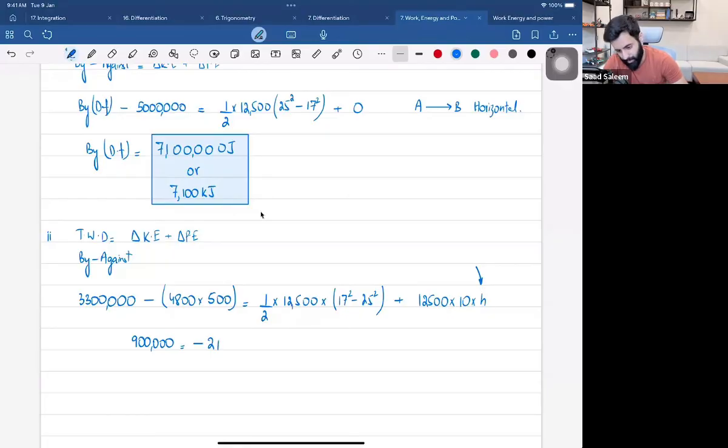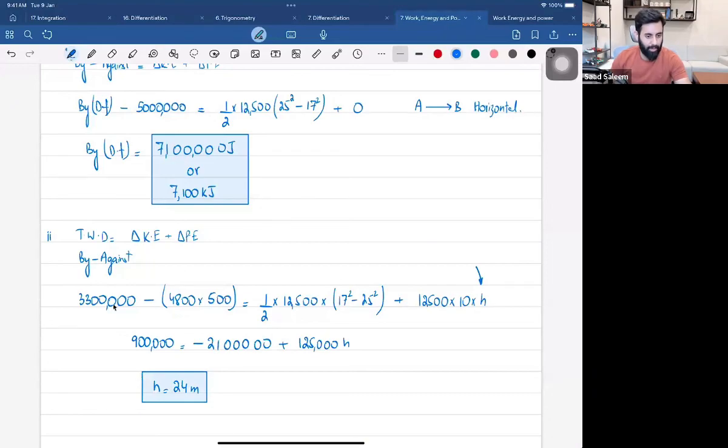Plus 125,000 H. So 21 and 6 zeros plus 9 and 5 zeros. So I'm looking at a certain value, which I'm going to divide by 125,000, and we get the value of H, which is equal to 24 meters. There you go.